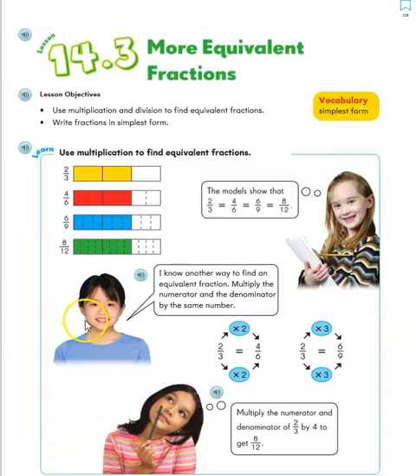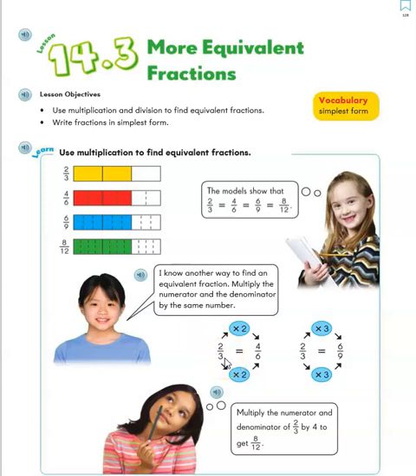Okay, our helper friend down here is telling us, I know another way to find an equivalent fraction. Multiply the numerator and the denominator by the same number. And we probably remember that our numerator is our number on top, and our denominator is our number on the bottom.